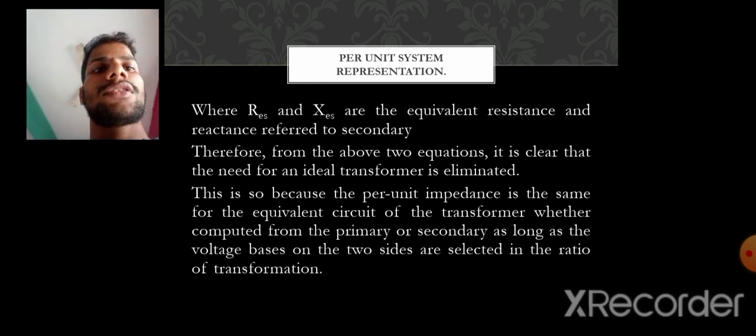This is so because the per unit impedance is the same for the equivalent circuit of the transformer, whether computed from the primary or secondary, as the voltage bases on the two sides are selected in the ratio of the transformer. Thank you.